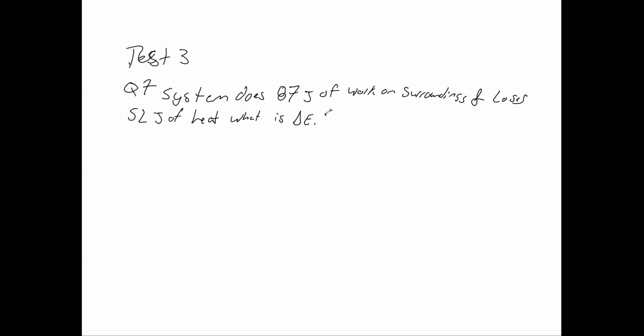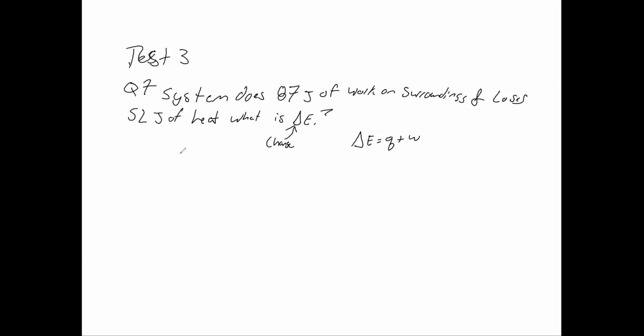All right. So for this, we have to remember how to calculate delta E. And remember, delta means change. So one formula to calculate change of energy is that the change of energy is equal to the heat plus the work of a system, right?